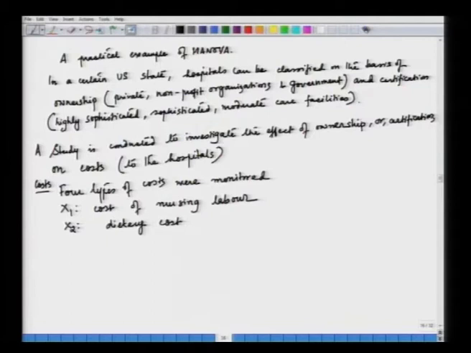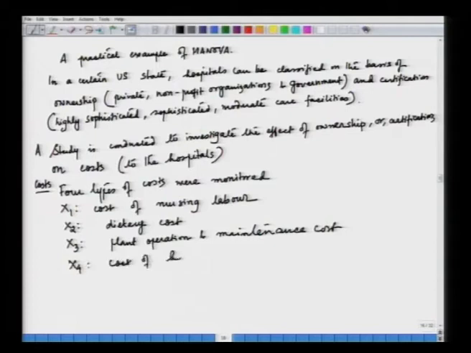Then we have X3, the third one, the plant operation and maintenance costs, essentially the hospital plant operation and maintenance costs. And finally, we have the cost of housekeeping and laundry.